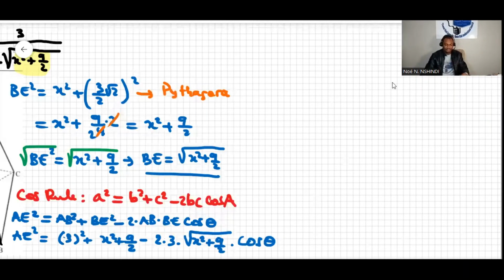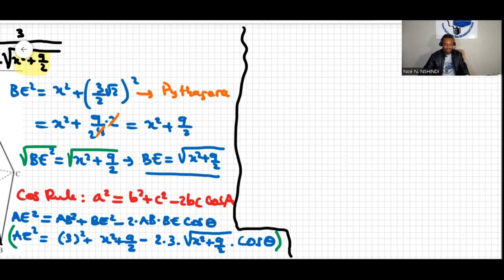Or maybe before even working out the substituted values, I prefer to first keep this line: AE squared equals AB squared plus BE squared minus 2AB times BE times cos theta. I'm not saying this is wrong, but I want to keep this in this form to make my calculation shorter. So over here, I can already express cos theta.